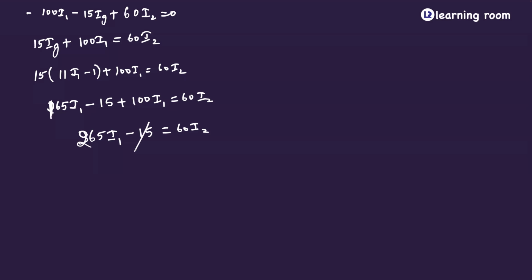So 15 will cancel this 4 times, this will be 1 time, and this will be 11 times. So basically, 11 I1 minus 1 is equal to 4 I2. Correct. 11 I1 minus 1 is 4 times I2.